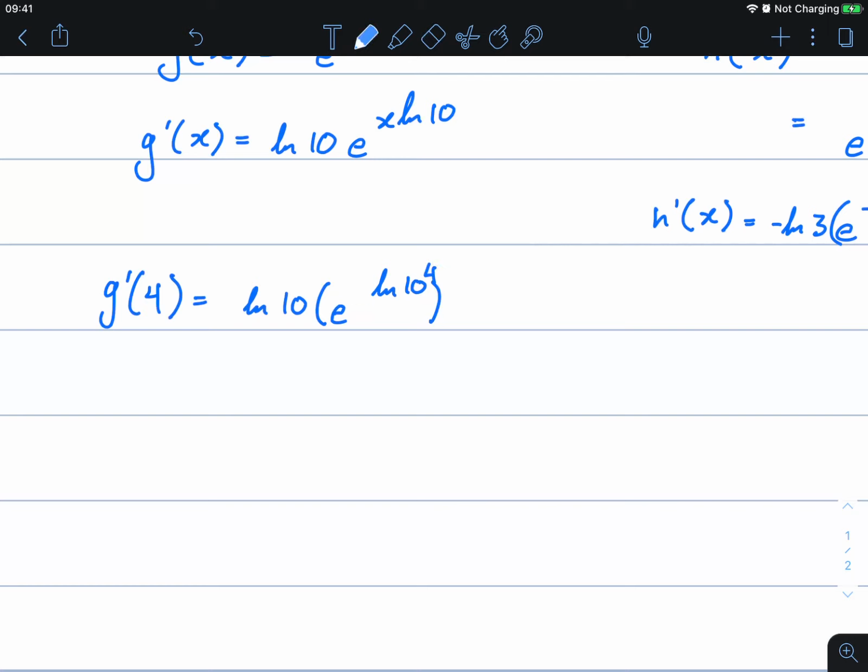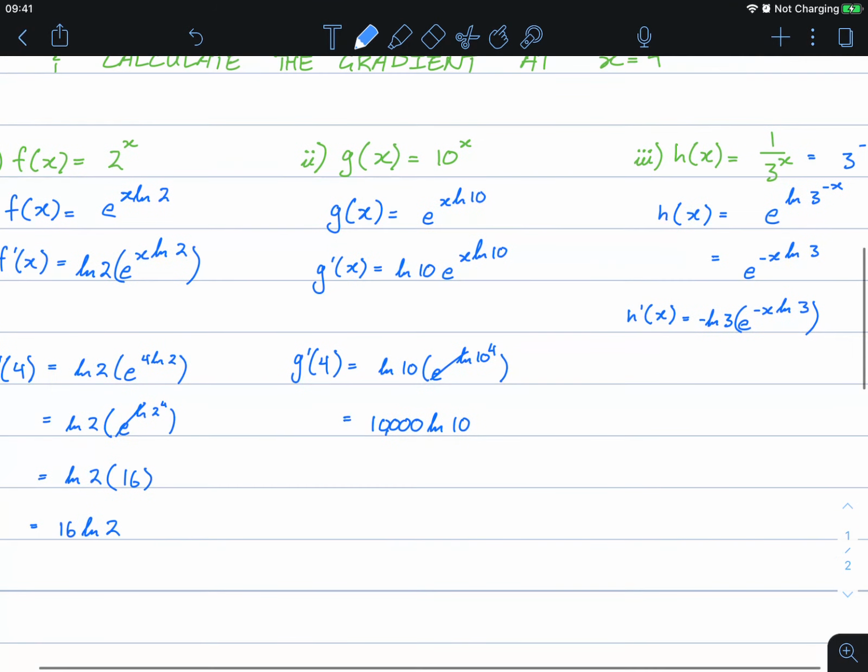Reversing the process, e and ln cancel. 10 to the power of 4 is 10 with 4 zeros, so 1, 2, 3, 4, 10,000 ln 10. We can leave this in exact form, or you can approximate it if you'd like.